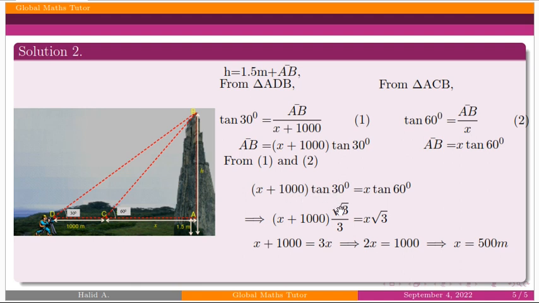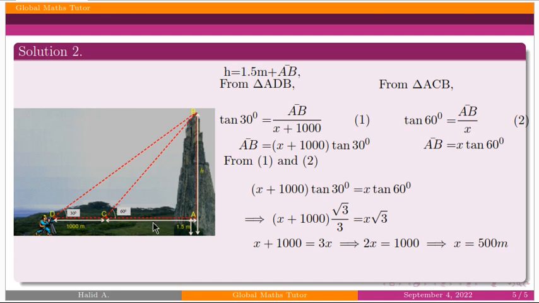Tan 30 degrees is root 3 over 3 and tan 60 is root 3. Crisscrossing, it gives x plus 1000 equal to 3x. So 2x equals 1000, and x will be 500 meters. Now we got x as 500 meters.